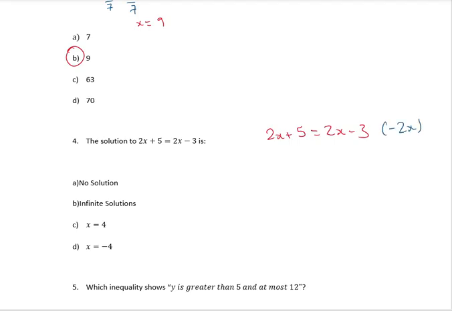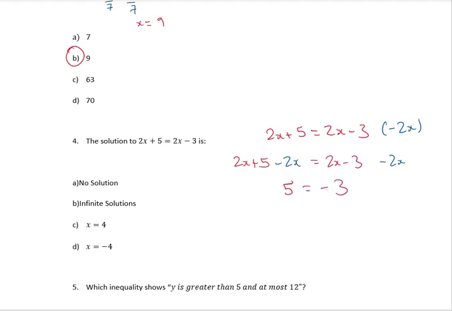So if I just subtract 2x from both sides, 2x minus 2x actually becomes 0, and so I'm left with 5 on the left hand side, and obviously on the right hand side the 2x disappears.